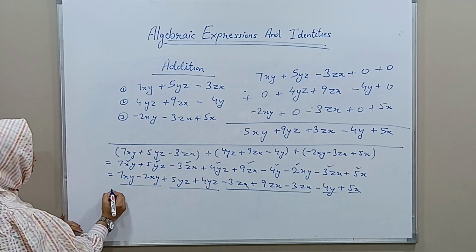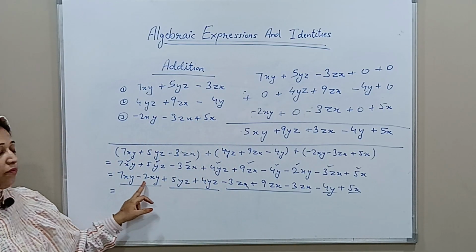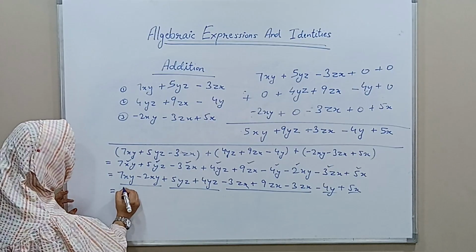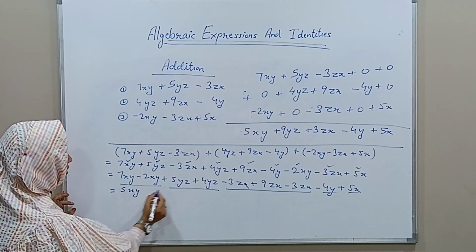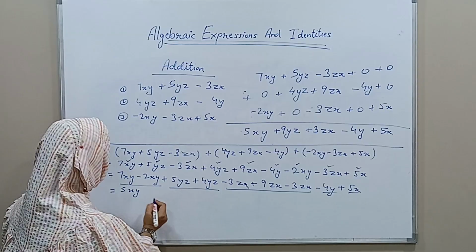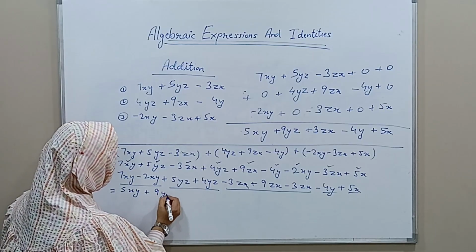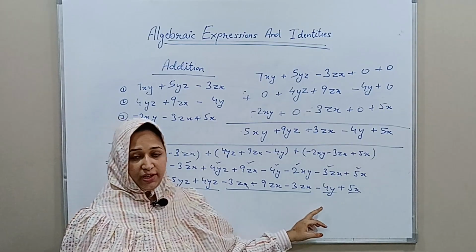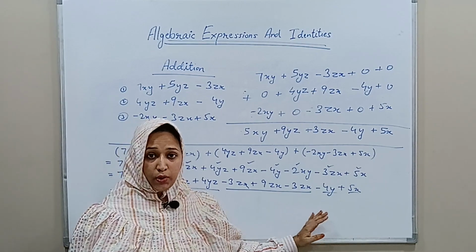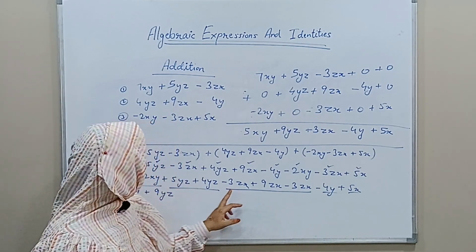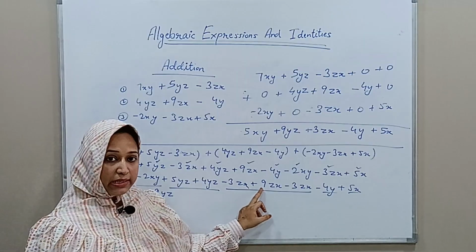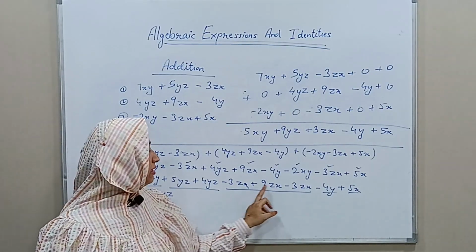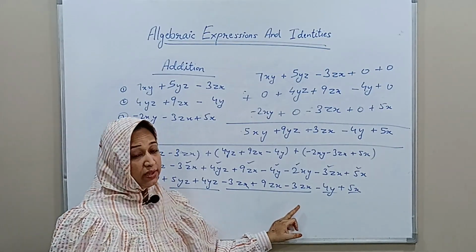Now adding them together, 7 minus 2 is 5, 5xy. Then 5 plus 4 is 9, so 9yz. Here we have three terms. You can either add them together at once or you can do it in one more step. So minus 3 plus 9 is plus 6, plus 6 minus 3 is plus 3.